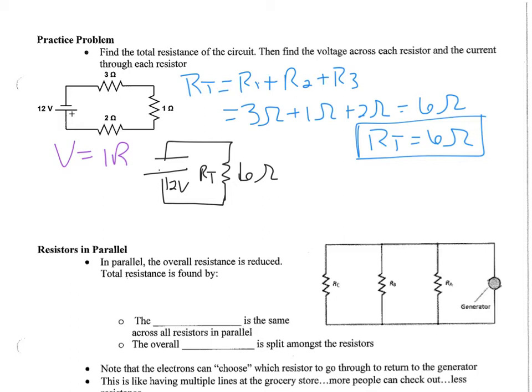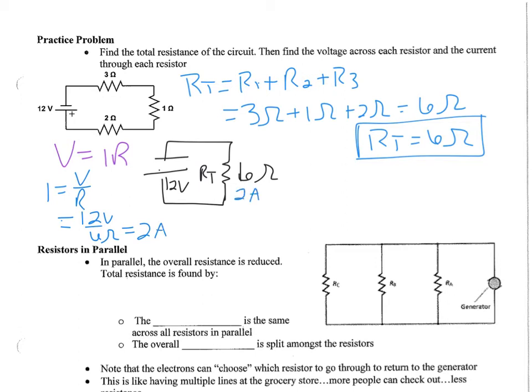My voltage through all of that 6 ohms is equal to 12 volts. So current is equal to resistance over voltage. Oops, I made a bad algebra mistake. Current is equal to voltage over resistance. Let's fix that. V over R. So this equals 12 volts over 6 ohms. 12 over 6 is 2 amps.